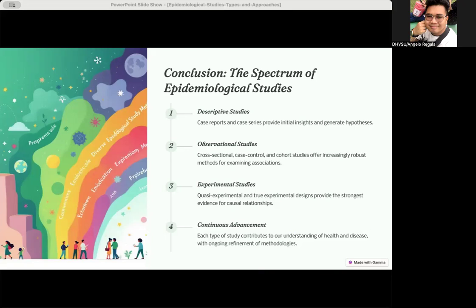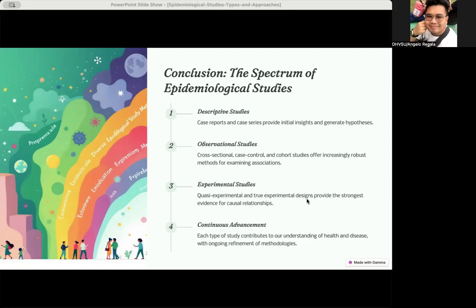Okay, so in short, with these different studies that we have, we would be able to understand different diseases, as well as how we can cure and prevent those diseases, in relation to the advancement of technology.